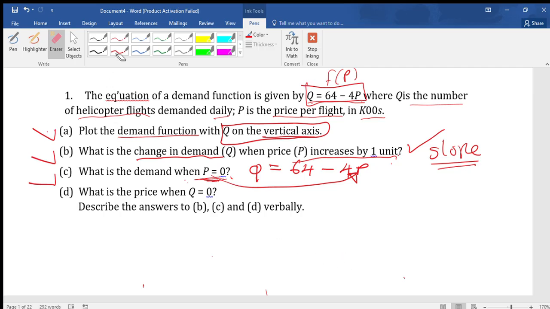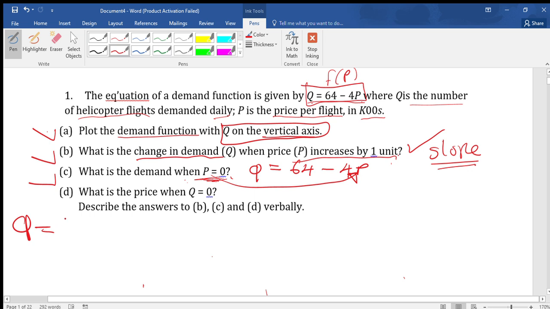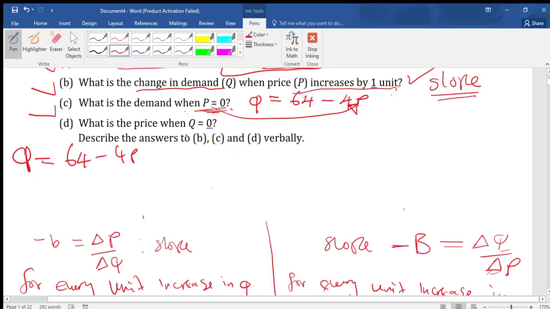We are solving C. The demand function is given by Q equals 64 minus 4P. That's our quantity.